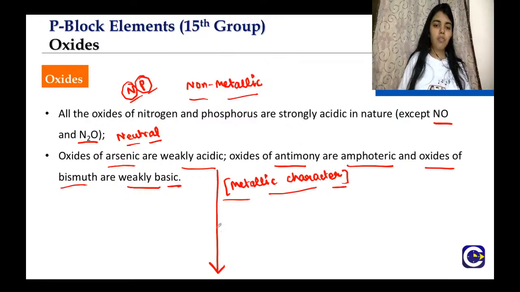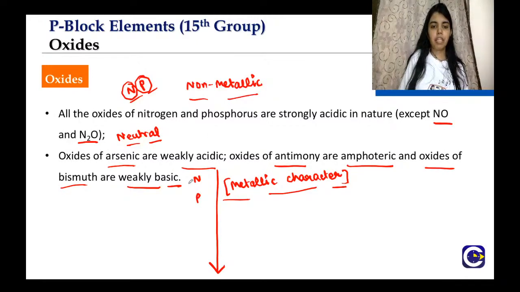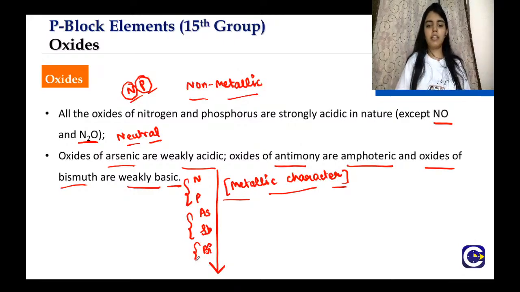So if you move down the group, the oxide will move towards the basic nature more. So nitrogen and phosphorus will have acidic oxides. Arsenic and antimony have amphoteric oxides, and bismuth has a weakly basic oxide, because the metallic character is increasing down the group. You can remember it that way.